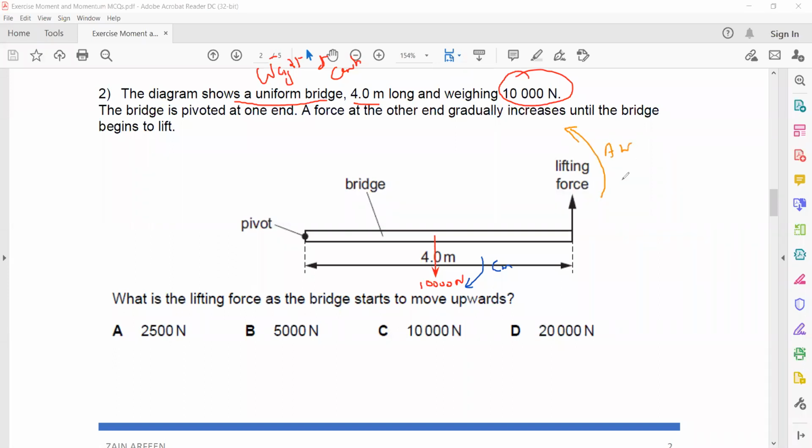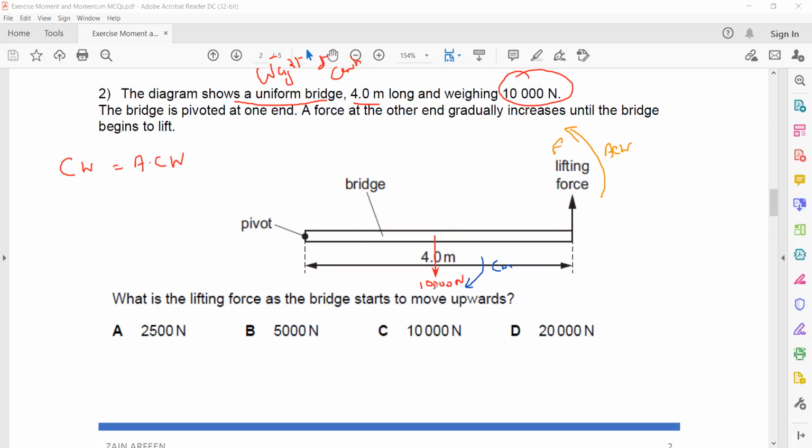That will be anti-clockwise. So for a moment, because we need this force F, when we are solving a question, if they did not mention anything, we assume that the clockwise moment is equal to the anti-clockwise moment.